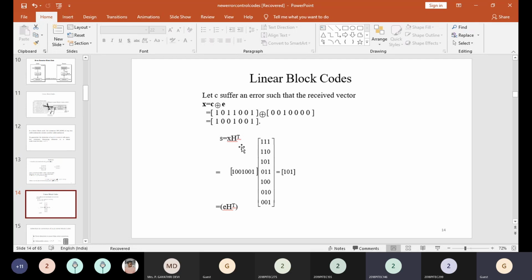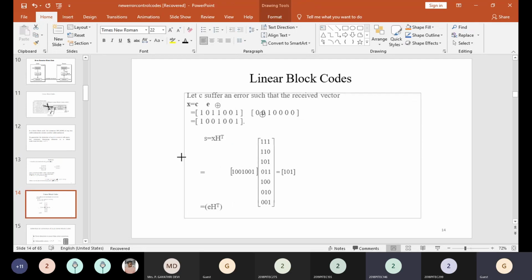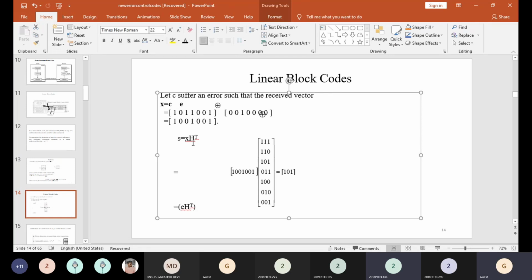Then you can calculate the syndrome. The procedure to calculate the syndrome is S equal to R into H transpose. R you have found out from here.